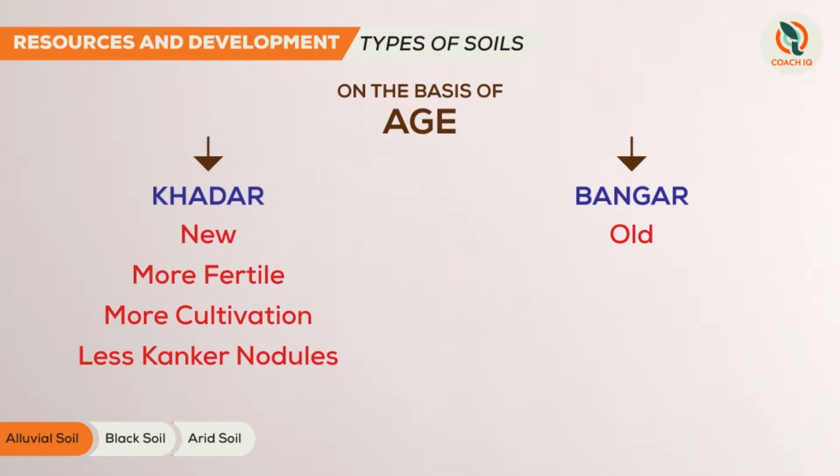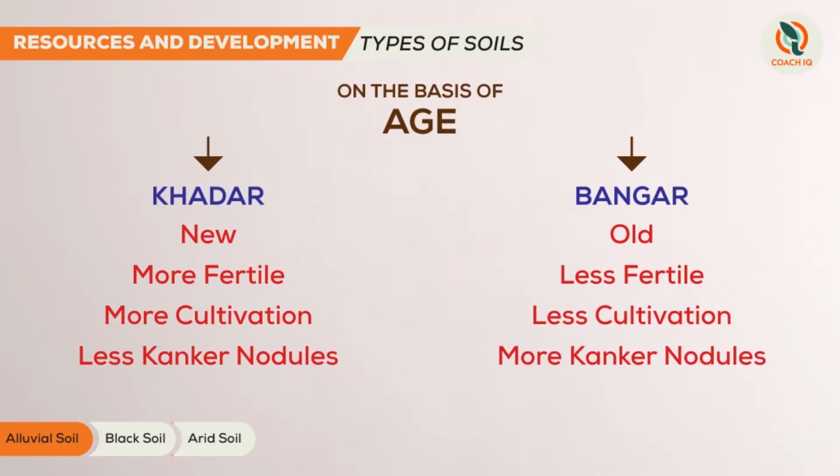Your Bhangar soil, as we said, is old alluvial soil. It is less fertile and cultivation may not be so much, and the concentration of kankar nodules is much higher in the old alluvial soil, that is Bhangar.